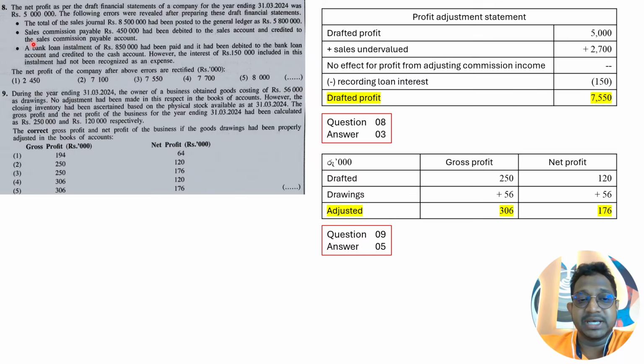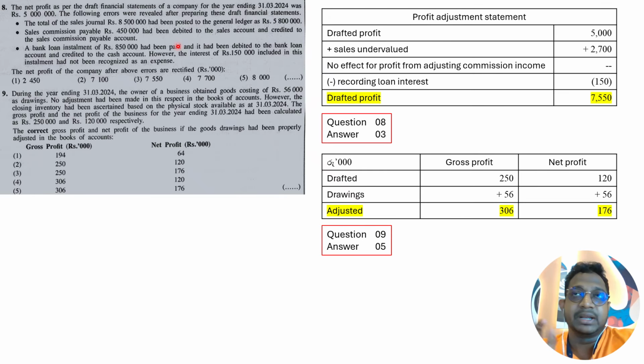And here it says sales commission payable 450 had been debited to the sales account. So it should be debited to the sales commission account, but instead they debited it to the sales account. Either way, the expense was recorded, which means when you are debiting to the sales account, your sales was decreased, right?